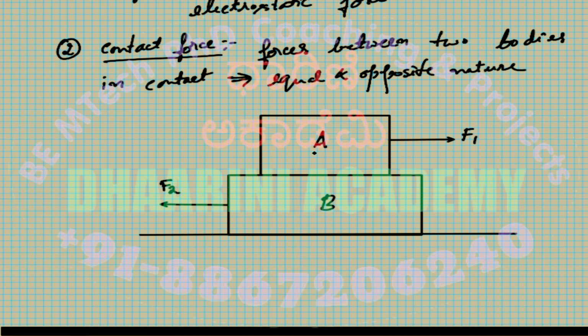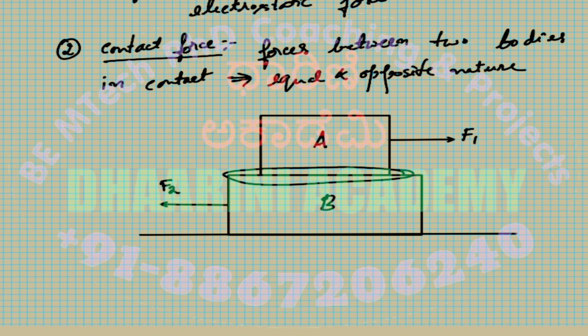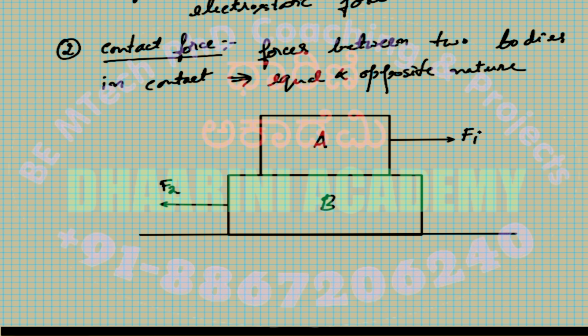Let's say the contact between A and B, denoted by this region, is not very smooth. It is a rough surface. Because of that, there will be a contact force exerted between the two bodies, which is called a frictional force.